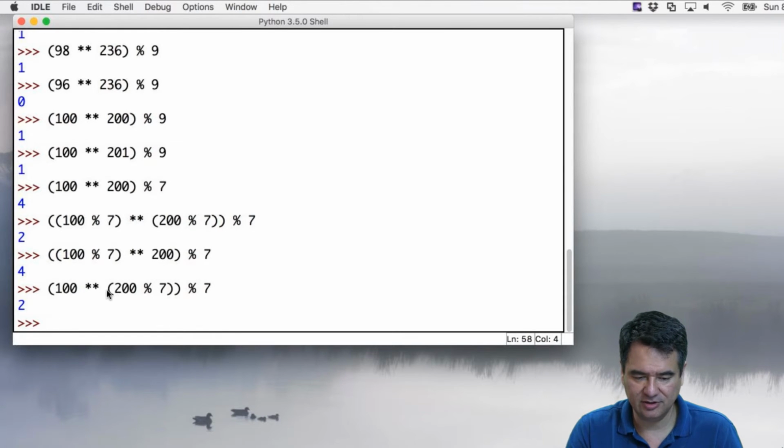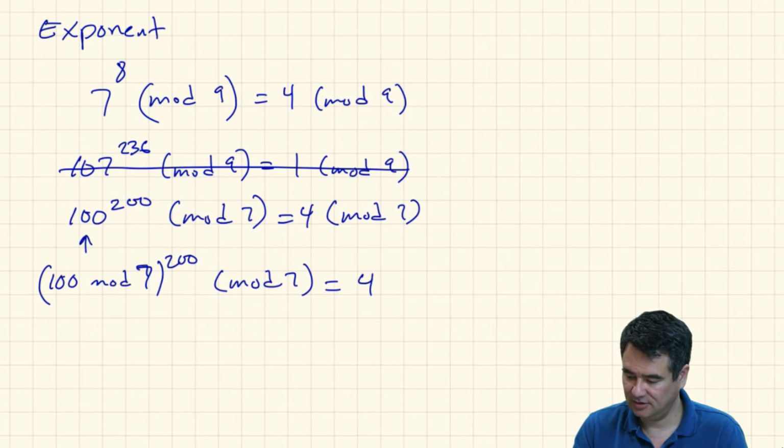So what I just showed is that you can't do a modulo on the exponent, but you can do it on the base, and it'll be fine. So this technique works, but you can't individually modulo each of the pieces.